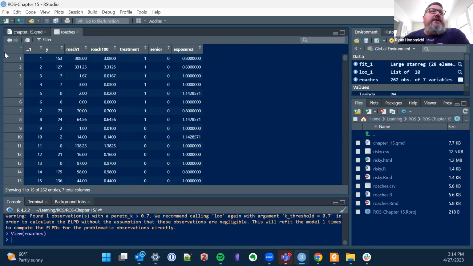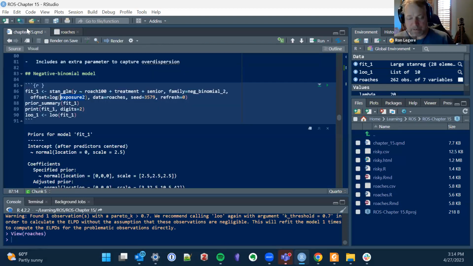Well, I don't know. This is what they did in the book. So if the offset's the log exposure, that must be the number of days of treatment, right? That's a good question.